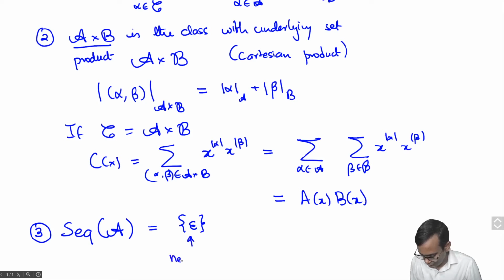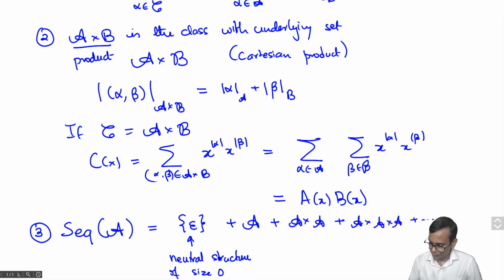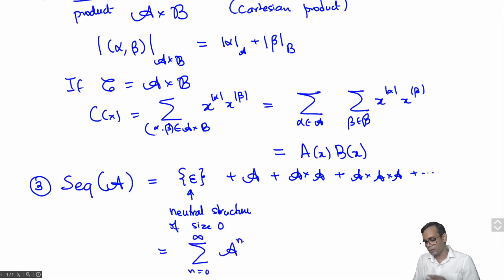I'll call it the neutral structure, or the empty sequence of size 0. And then there'll be the class A itself, then there'll be A cross A, then there'll be A cross A cross A, and so on. One way to write it is that this is summation, n goes from 0 to infinity, the nth Cartesian product of A, where we take the 0th Cartesian product as just a singleton set.